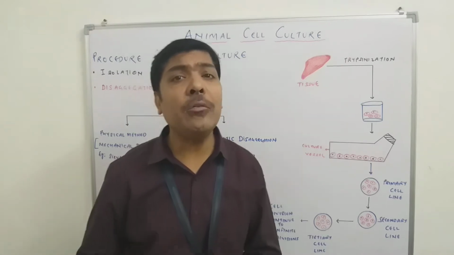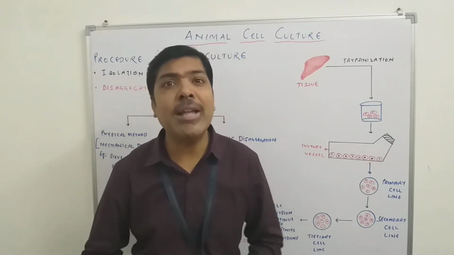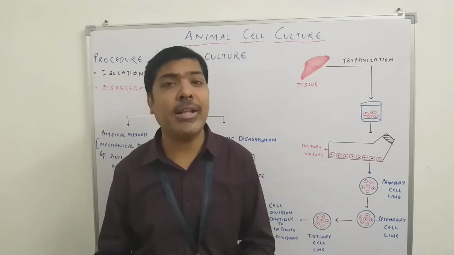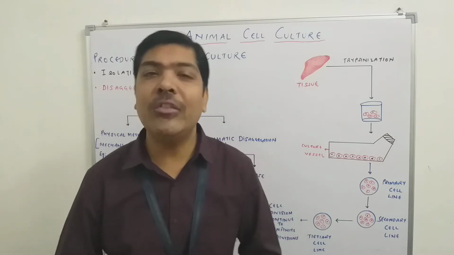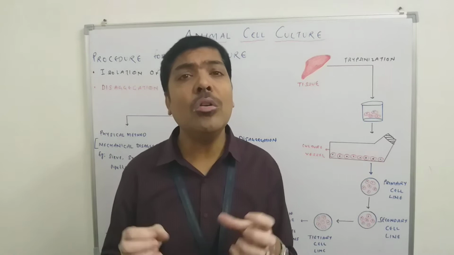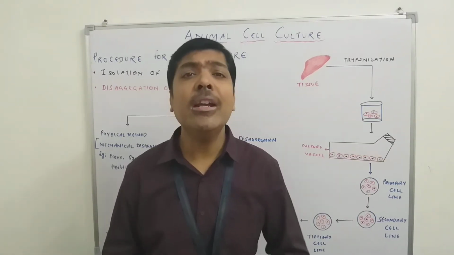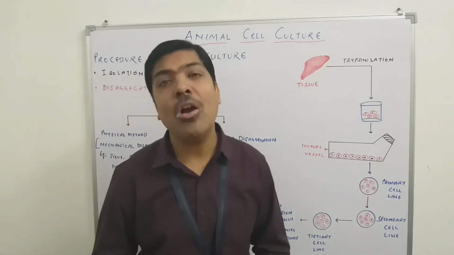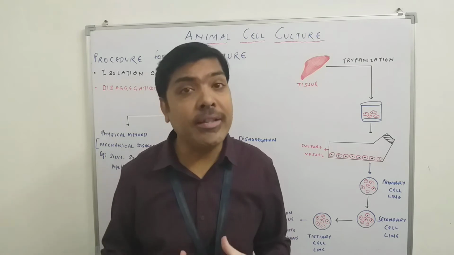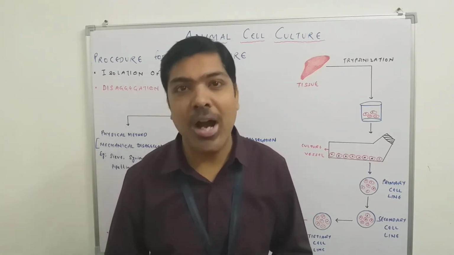In hot trypsinization, it doesn't mean that we have to heat the trypsin. Here, the term hot is associated with the temperature, which is around 36.5 degrees centigrade. So we keep the tissue in which we have added the trypsin and maintain a temperature of around 36.5 degrees centigrade. Under this condition, the tissue will be kept for around 4 to 5 hours.